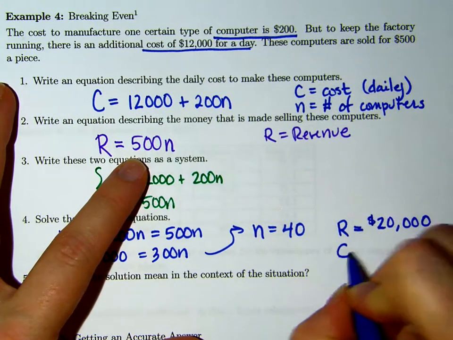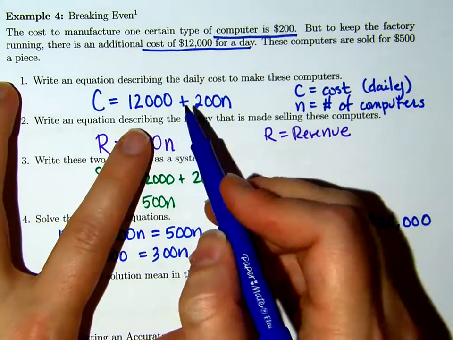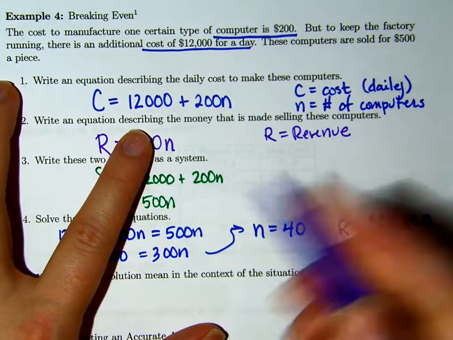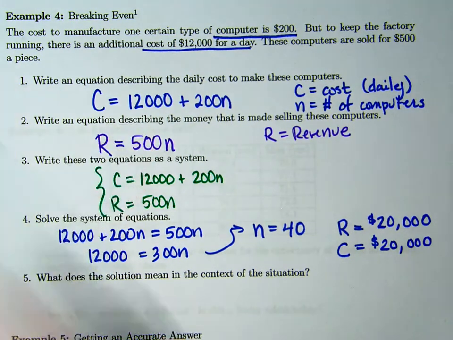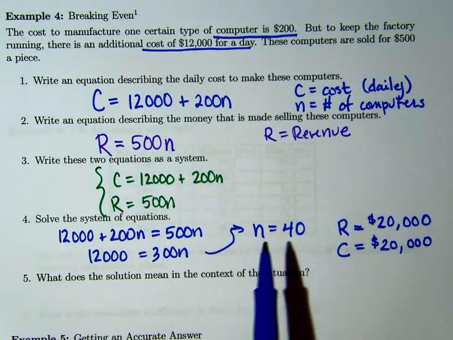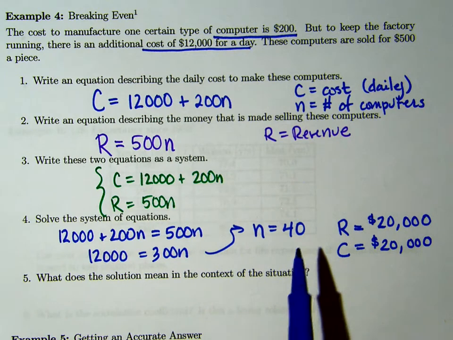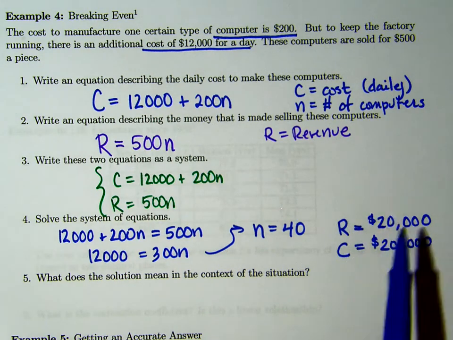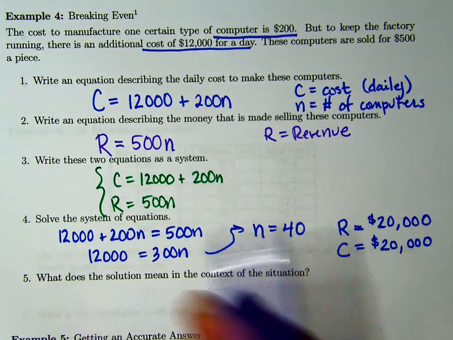And the cost to create 40 computers is $12,000 plus 200 times 40, 20 grand. Okay, so to build 40 computers in a day and sell 40 computers in a day, the cost would be 20 grand and you would make 20 grand. So you would have a zero balance.